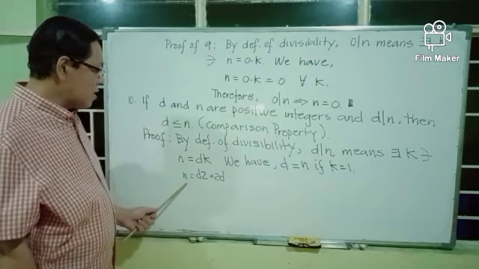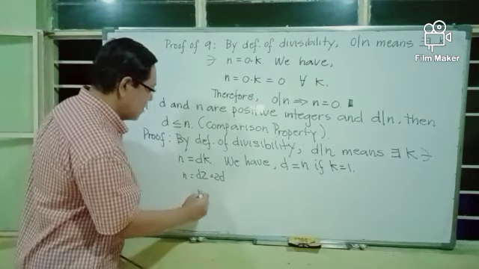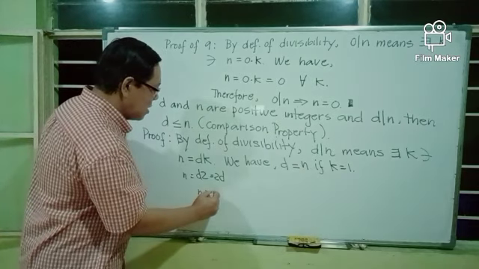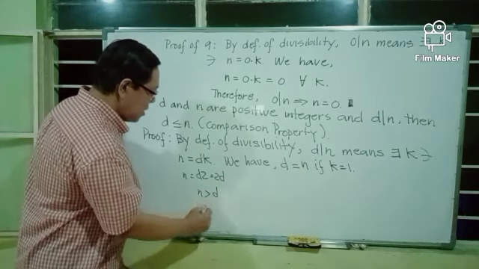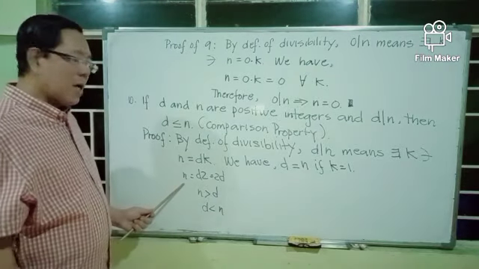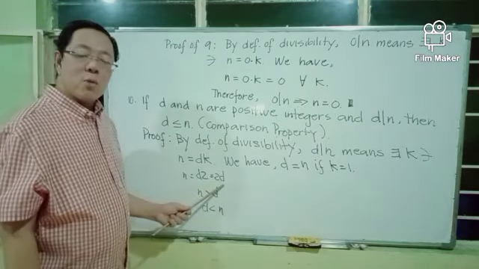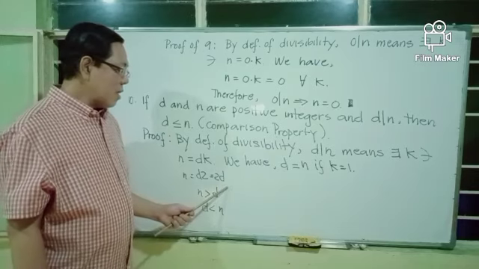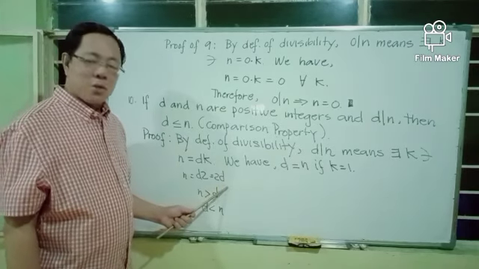From here, you can say that N is greater than D, since N is equal to 2D, twice D, if K is the integer 2.